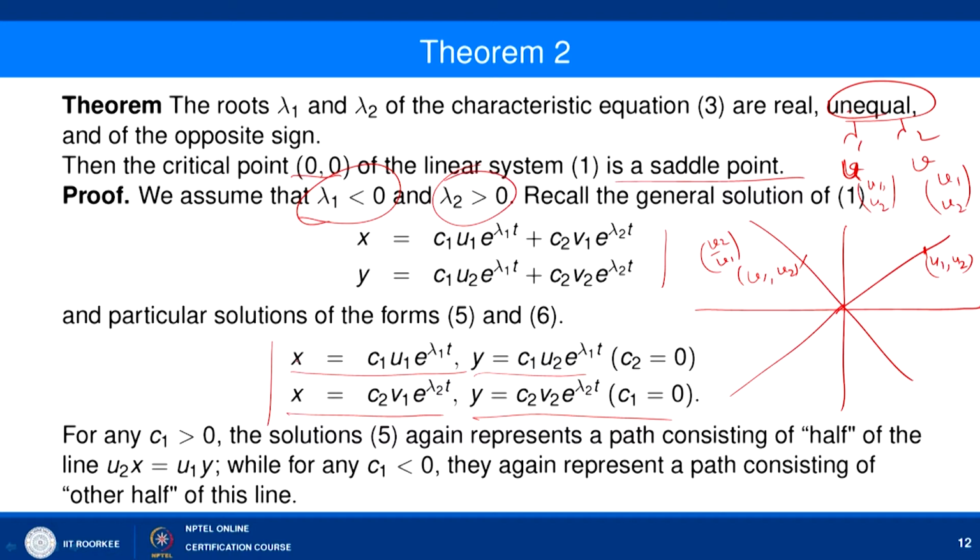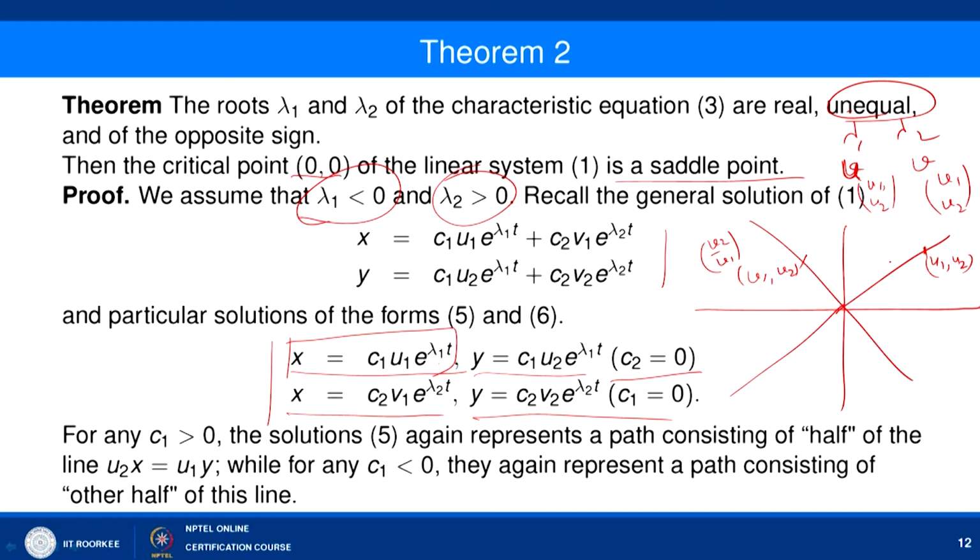So if you look at the component x here, corresponding to C2 equal to 0, since lambda 1 is less than 0, your x will tend to 0. So x and y tend to 0 along the line C2 equal to 0.